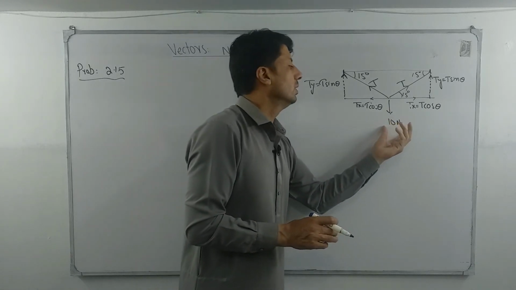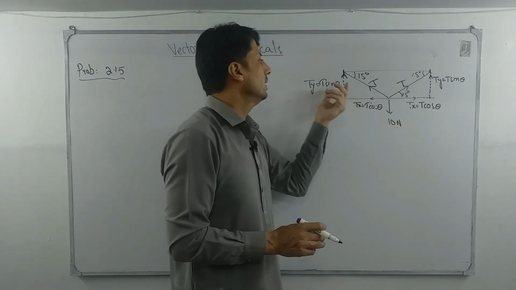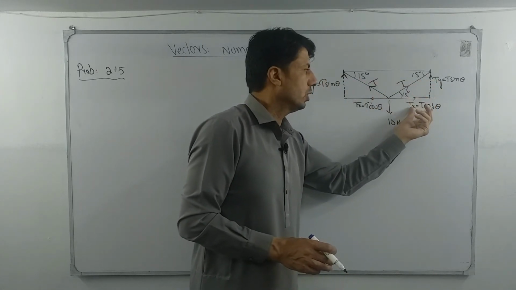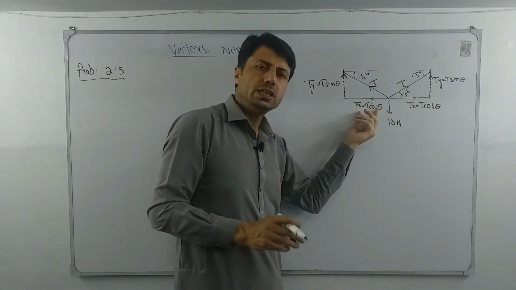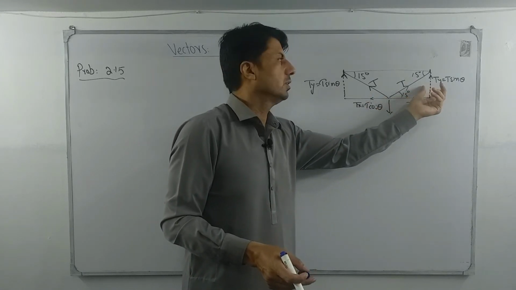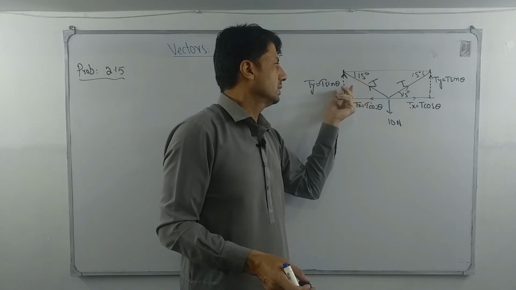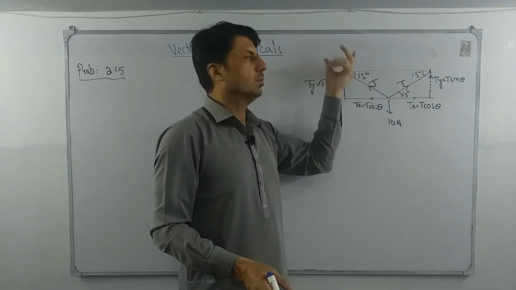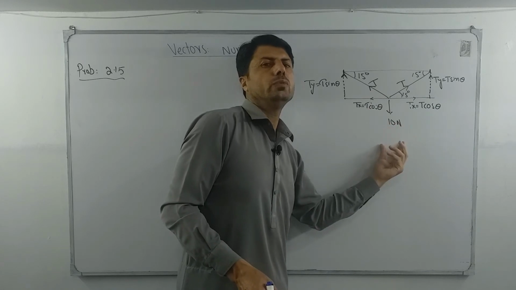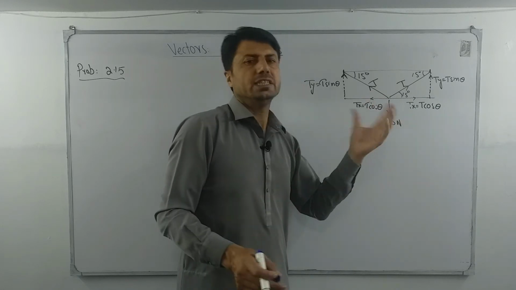Now, this 10 Newton load is supported by this T sine theta and this T sine theta, because T cos theta and T cos theta cancel each other. Both T sine theta components are acting upward, while this 10 Newton is acting downward, and the body is in equilibrium.